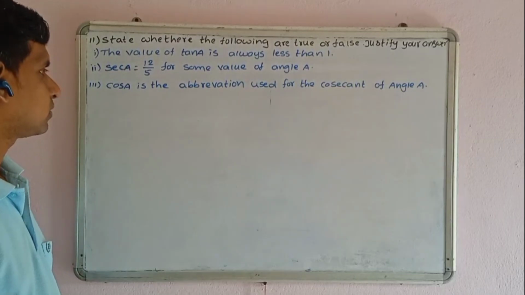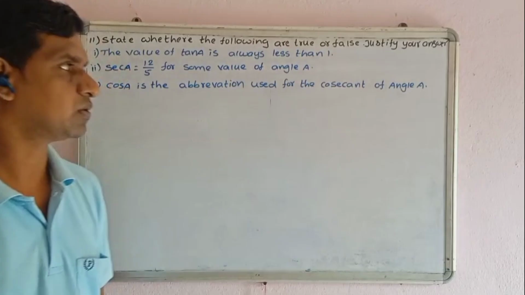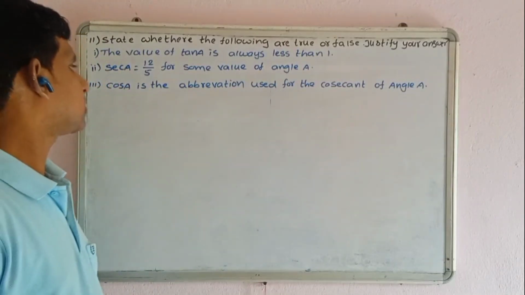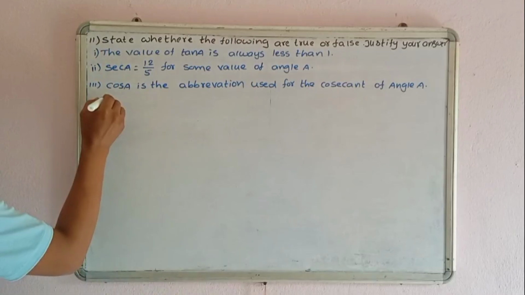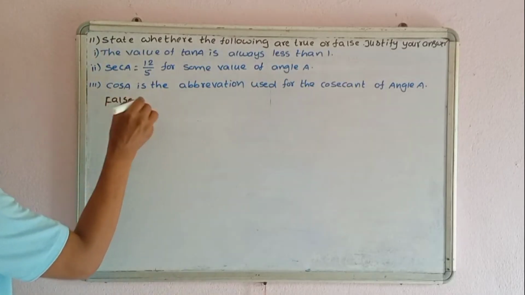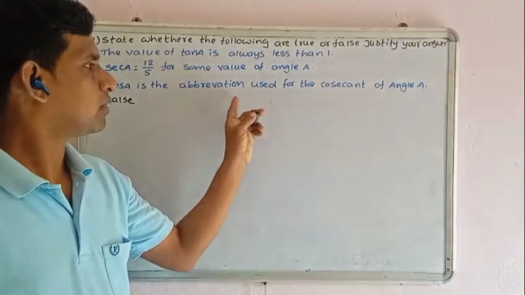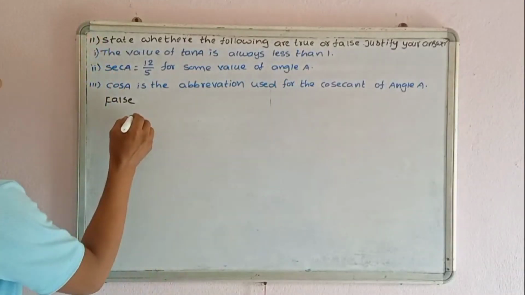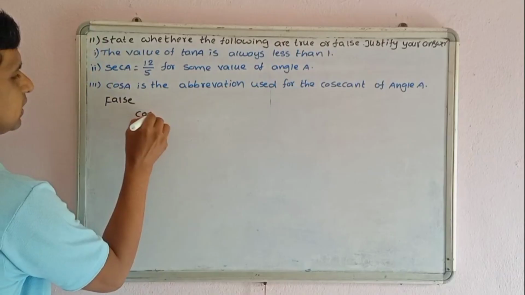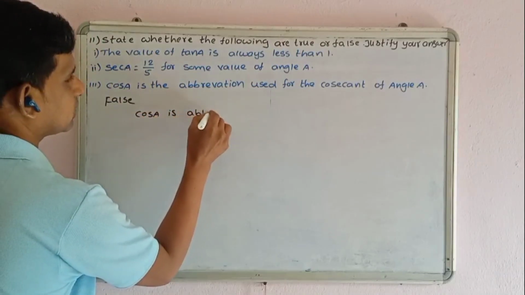Third one, cos A is the abbreviation used for the cosecant of angle A. This is false, because cos A is the abbreviation for cosine of angle A. Here cosecant of angle A is there.